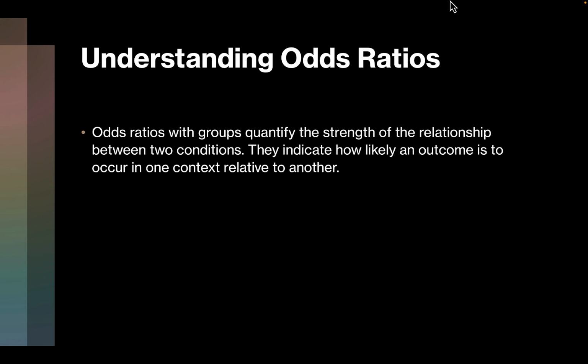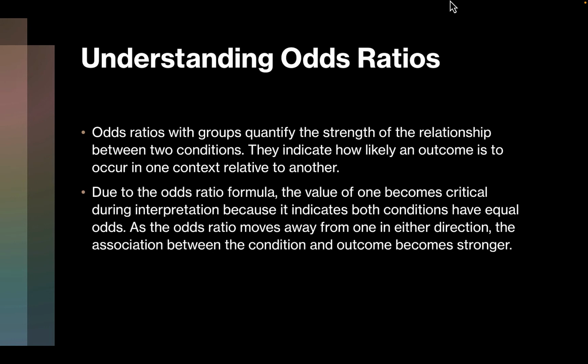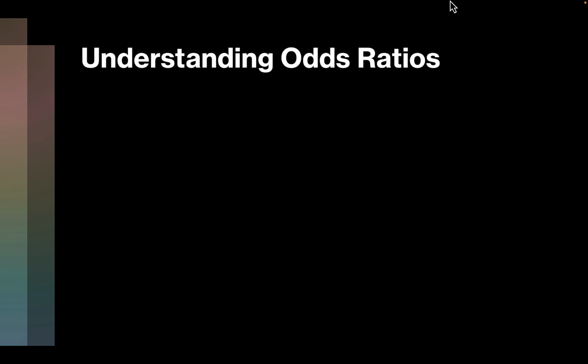They indicate how likely an outcome is to occur in one context relative to another. Due to the odds ratio formula, the value of 1 becomes critical during interpretation because it indicates both conditions have equal odds. As the odds ratio moves away from 1 in either direction, the association between the condition and outcome becomes stronger.